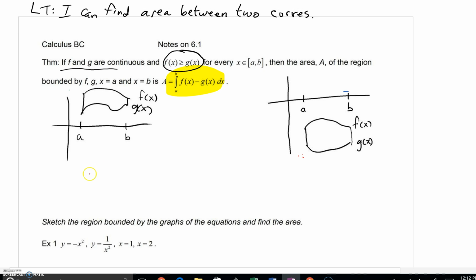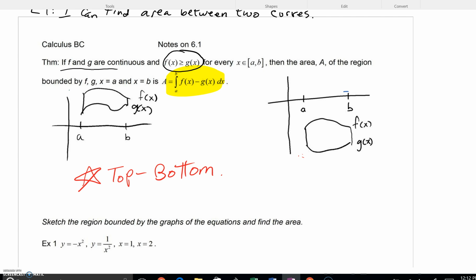What I definitely want to say right now is you're going to hear us make mention of this quite a bit. You can always refer to top minus bottom. Here's what you can definitely see happening. You might think, why are you talking about top minus bottom? Well, you look at this top curve.